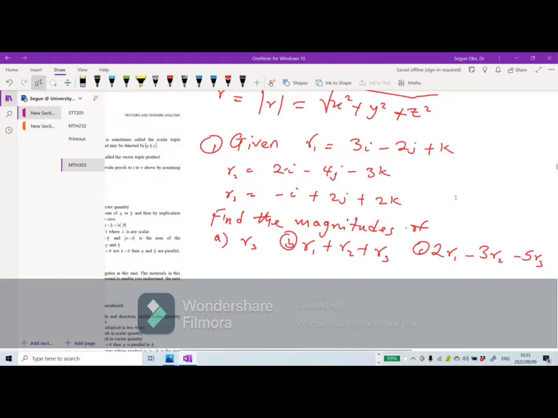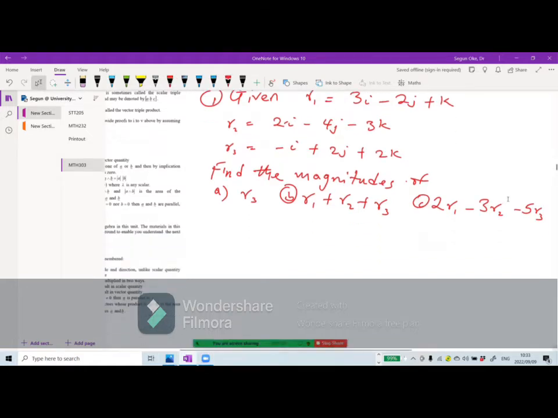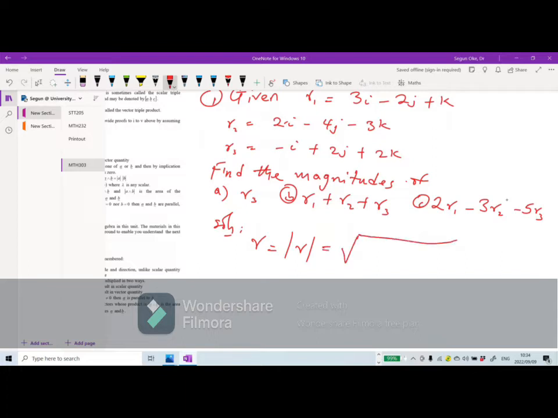Always remember, for us to solve this problem, there are certain things we need to know. Solution. What is the formula for the magnitude? The absolute value of R equals the square root of X squared plus Y squared plus Z squared.